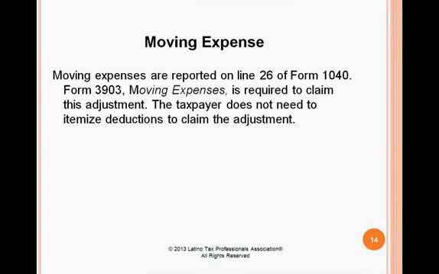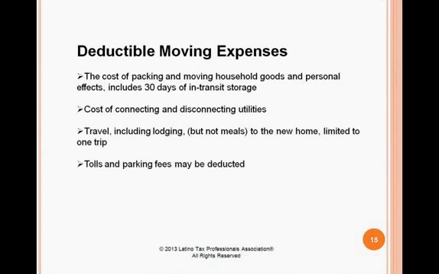Another line of adjustments to income are moving expenses. Moving expenses are reported on line 26 of Form 1040. Form 3903 must be filled out and submitted to claim this adjustment. The taxpayer does not need to itemize deductions to claim the adjustment.